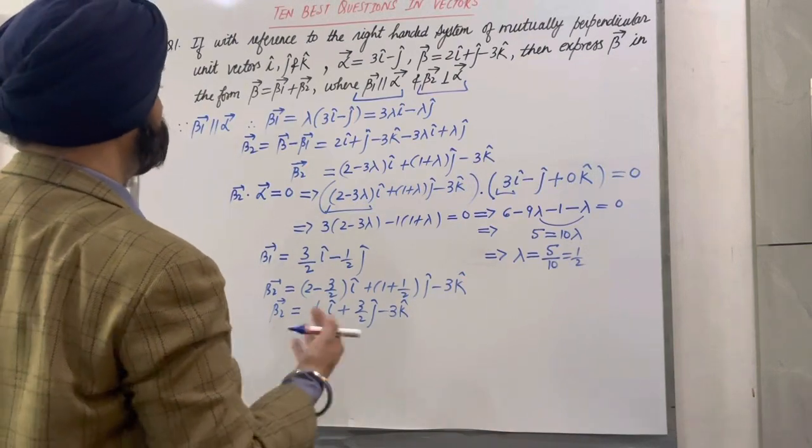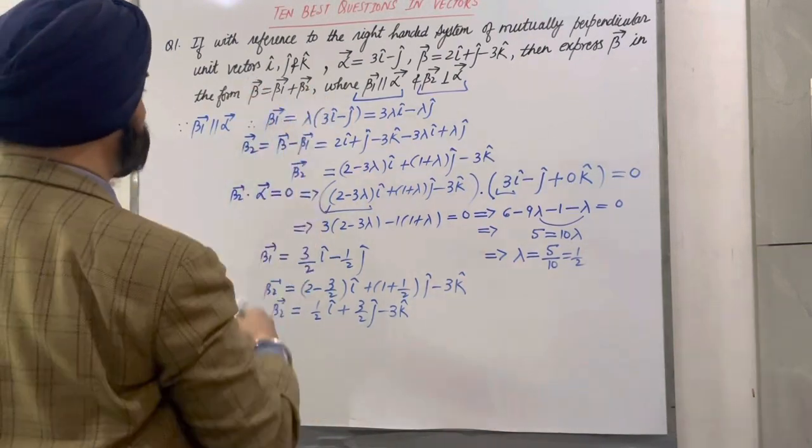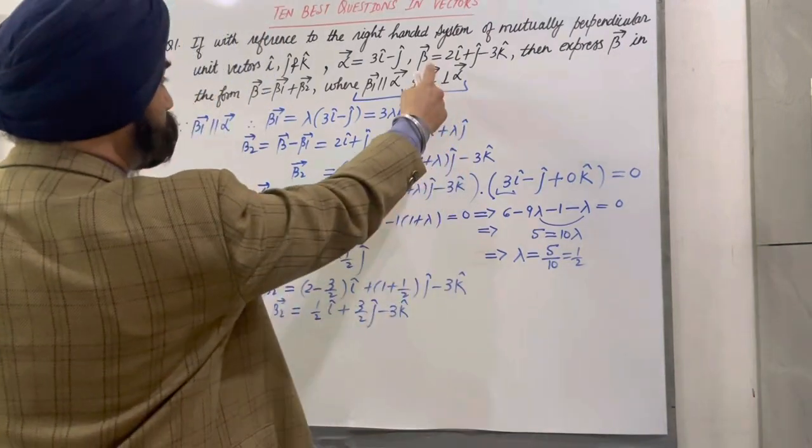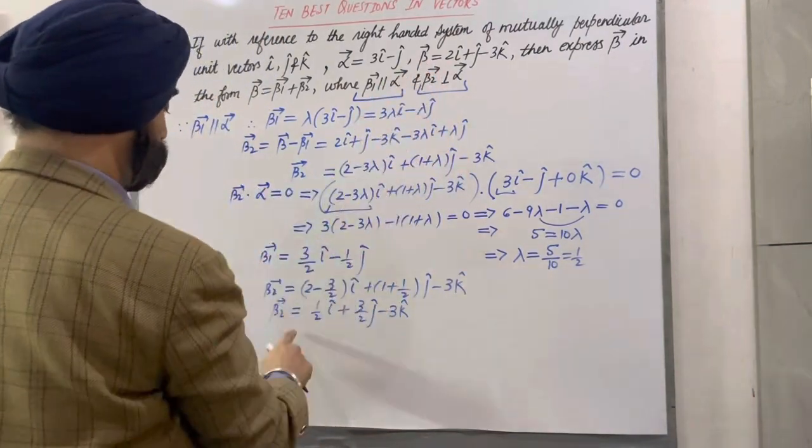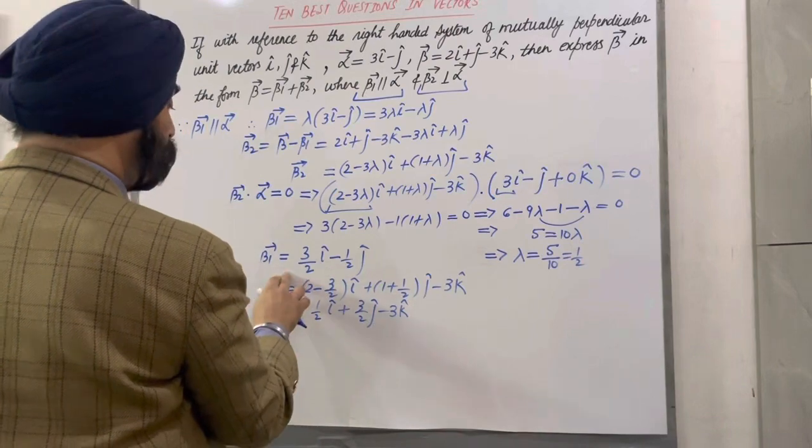Now just in the final step, we just need to write beta as sum of beta 1 and beta 2. So you can observe, we have beta given to us. We have obtained beta 1, we have obtained beta 2.